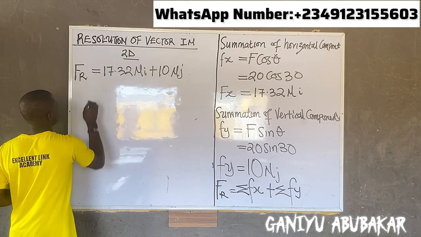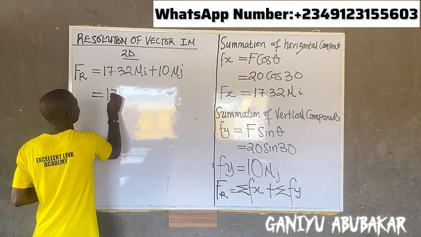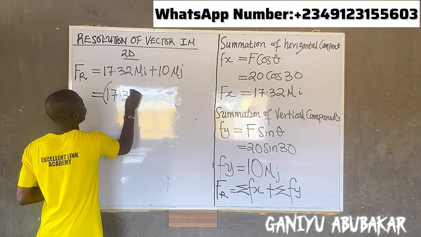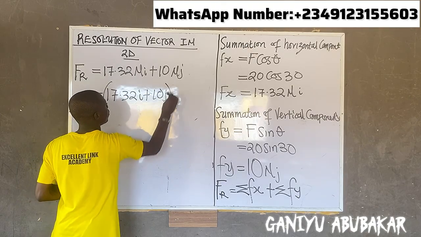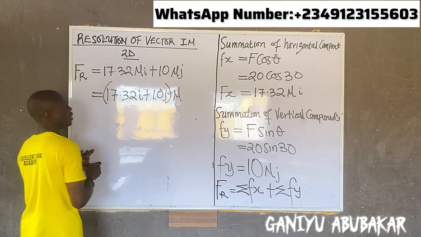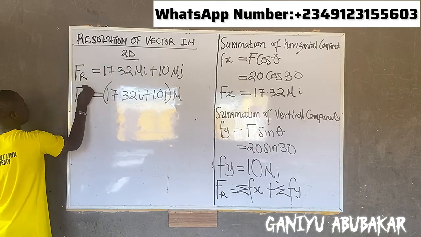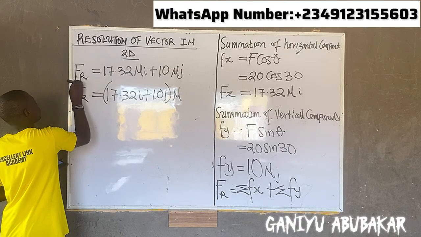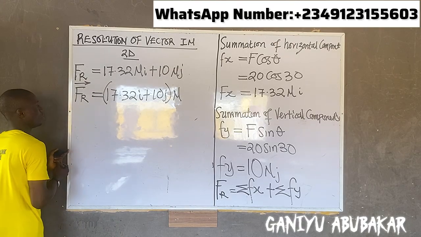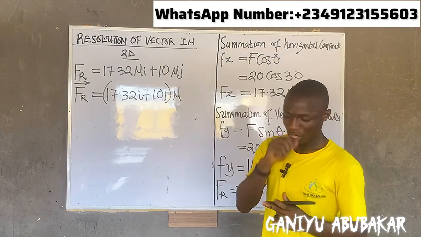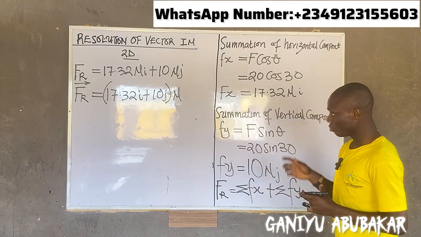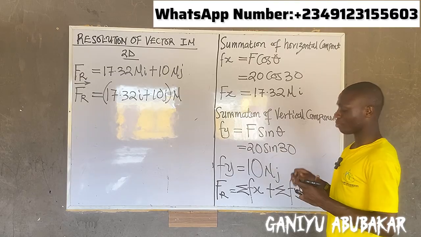At this junction, this can be expressed as 17.32 i plus 10 j, then the Newton should be outside this way. So my F of r in terms of vector becomes this value. This is how you find the resultant force for this question.